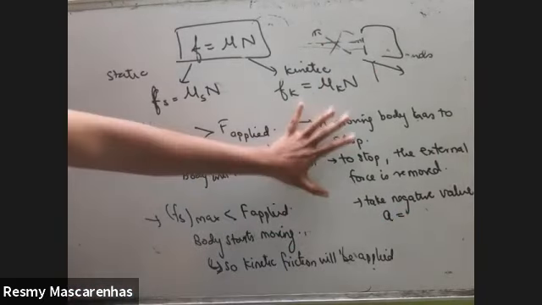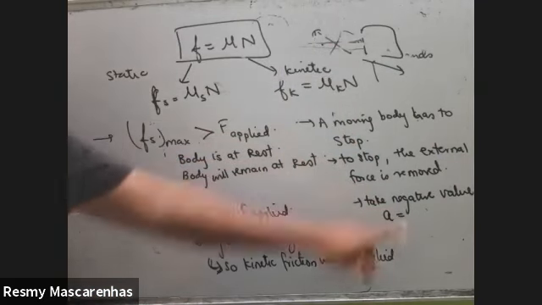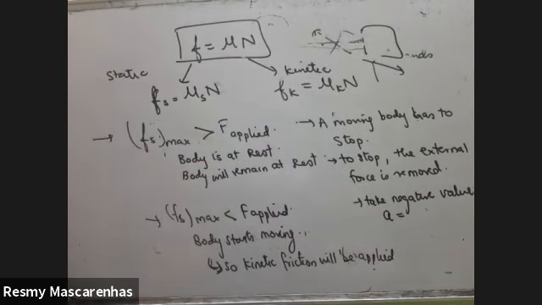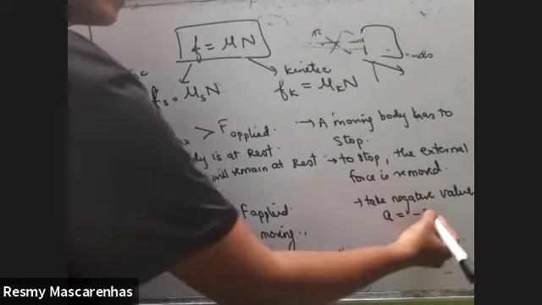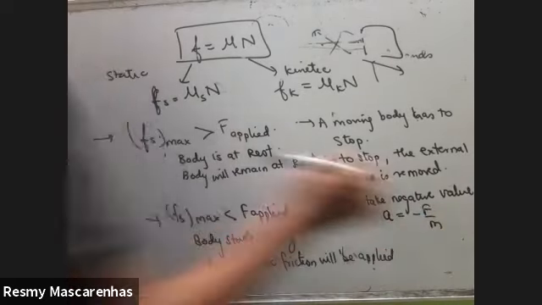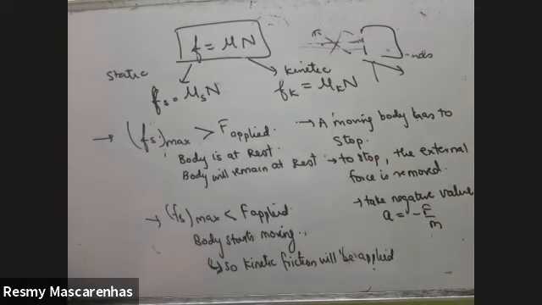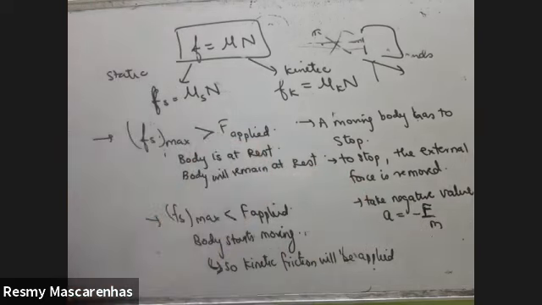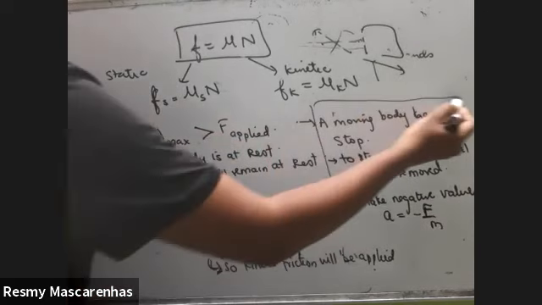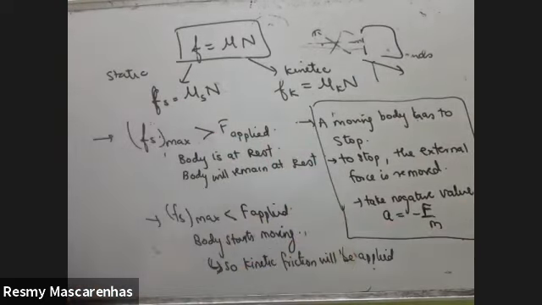I'm giving this so that whenever you want to revise, you can read this quickly. The acceleration you have to take negative: minus f upon m. This is the case when a moving body has to stop. Remember this.